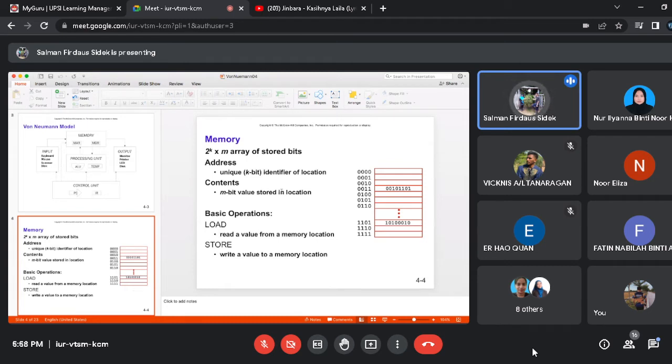So we talk about memory first. In the next slide, we talk about memory and how it uses the concept of address and data.